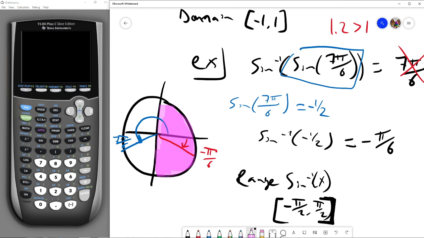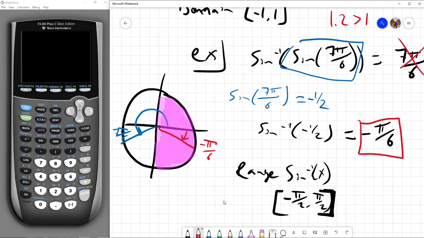So even though we have the 7pi/6 inside the sine, and that entire quantity is inside the arcsine, arcsine cannot give you 7pi/6 because 7pi/6 is outside the range, which means when you take arcsine of -1/2, you actually get -pi/6. That's another way a math teacher might be tricky.